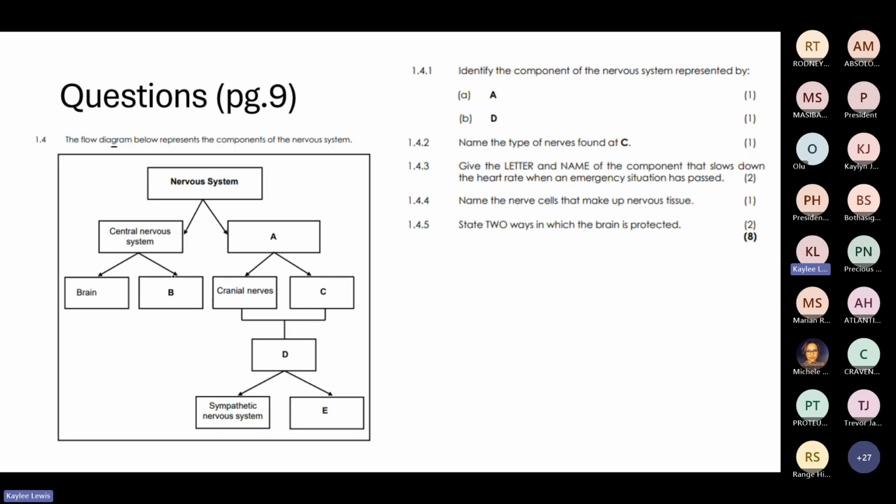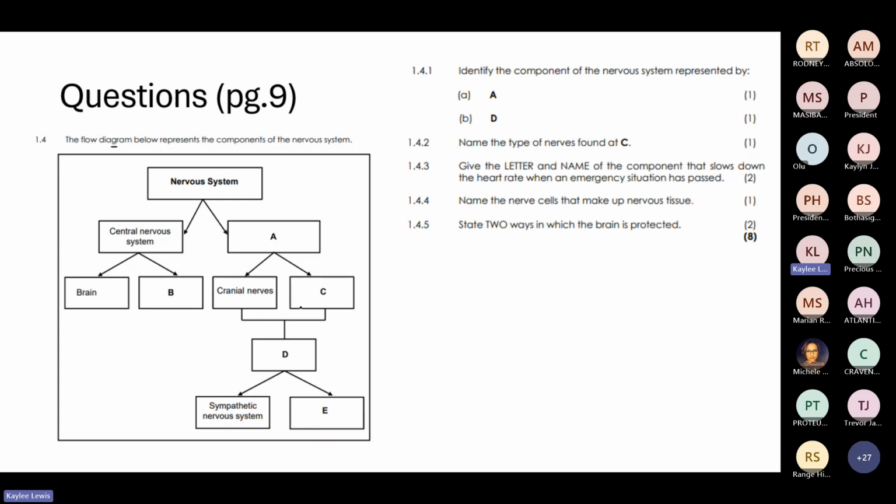And what is the other component of the central nervous system? That would be the spinal cord. Okay, then that's the central nervous system done. Let's move to the other side. So A was the peripheral nervous system. So the peripheral nervous system is split up or consists of cranial nerves, and the other one is spinal nerves.